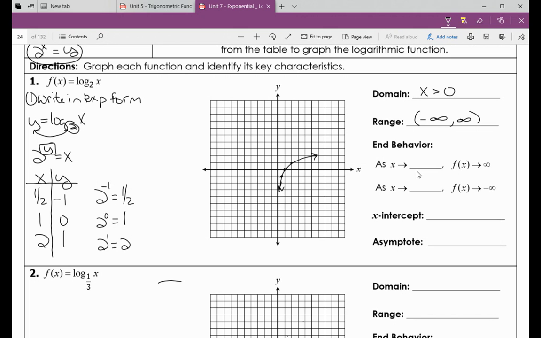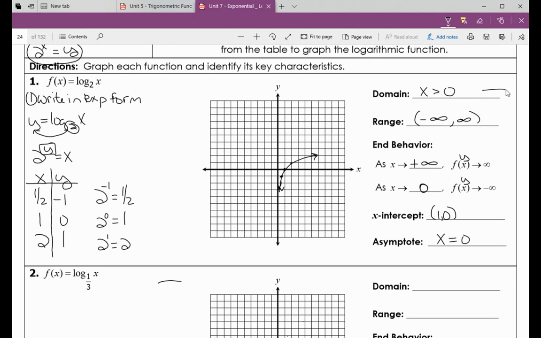As x approaches positive infinity, your y values approach infinity. So that would be this infinity arrow. As x approaches 0, your y values approach negative infinity. That would be this infinity arrow. It's going to get really, really close to 0, but it's never going to reach it. So the x-intercept in this problem is (1, 0), and the asymptote is x equals 0.